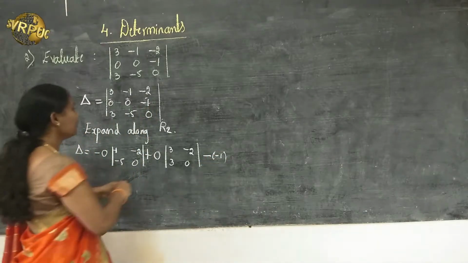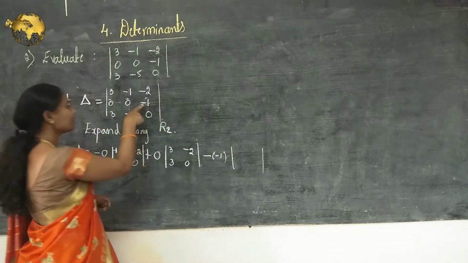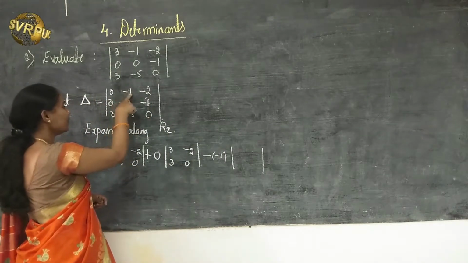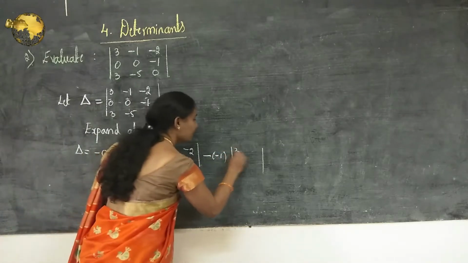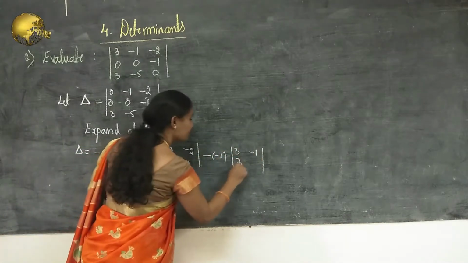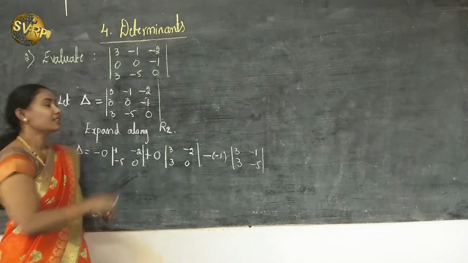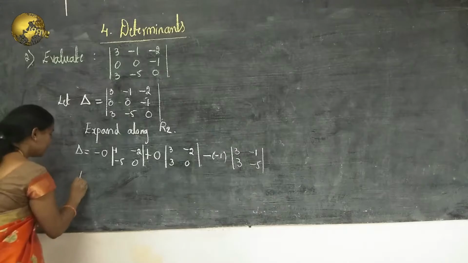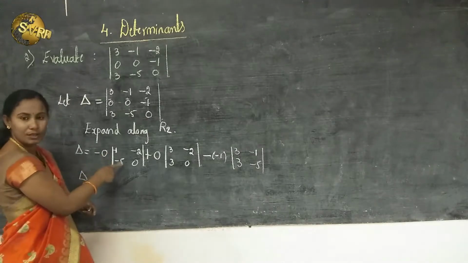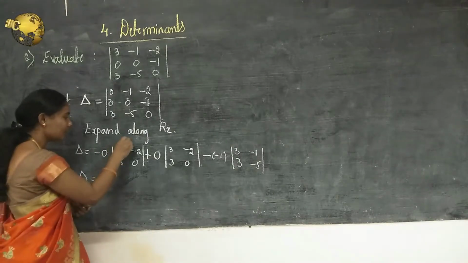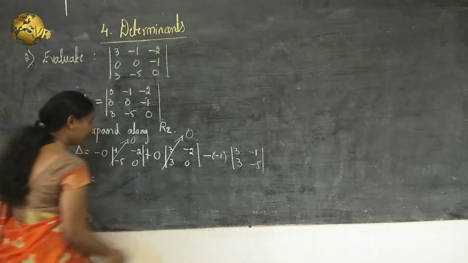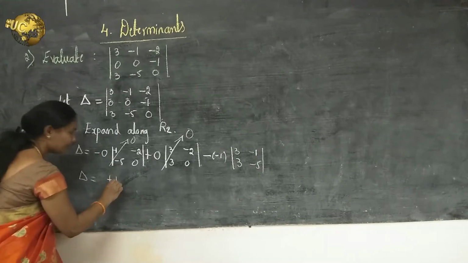And then determinant of, see here where this minus 1 belongs to, it is in second row, third column. The remaining elements are 3, minus 1, 3, minus 5. I have neglected the second row and third column elements. So delta is equal to, here 0 into this determinant will go off, 0 into this will also go off. And what is the remaining? Minus into minus is plus 1.